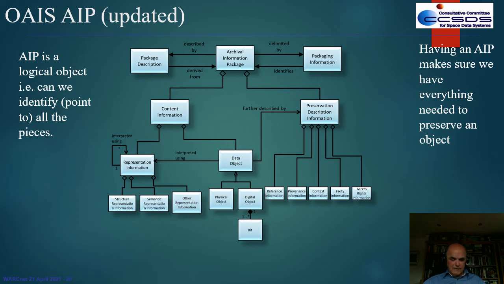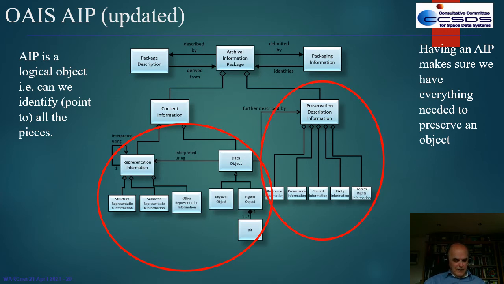This identifies that one needs the data object, its representation information. The question is how much representation information is needed. The answer OAIS provides is that the archive defines a designated community which the archive guarantees to be able to understand the information, and will provide enough representation information for that designated community.